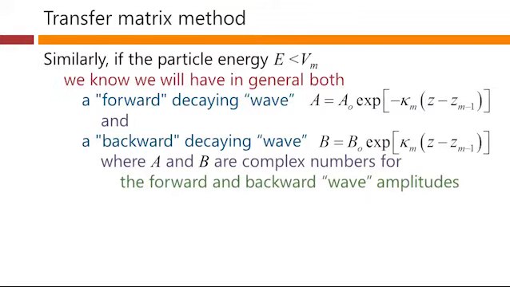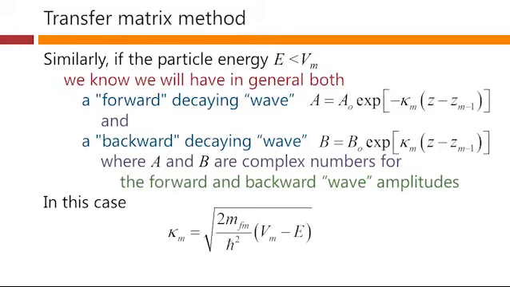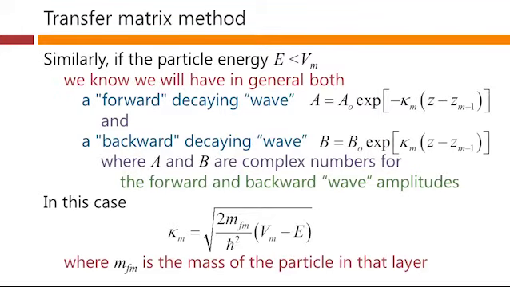I use wave loosely here. These are not technically propagating waves in this case. And in this case, we could define a kappa, again, as the positive square root now of Vm minus E, in contrast to the E minus Vm that we had for K. And again, mfm is the mass of the particle in that layer.